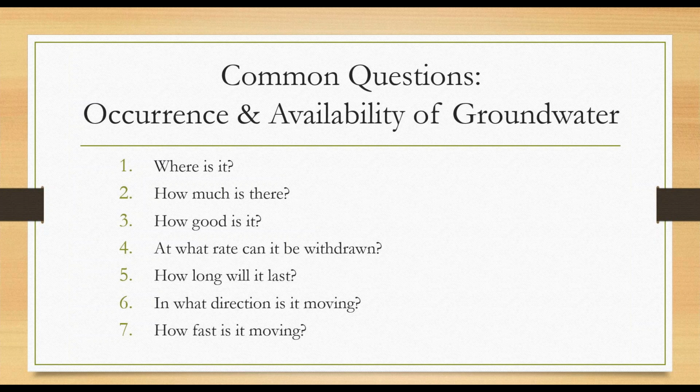Also, how much is there is a common question. Sometimes you can get some idea of this type of information by compiling well yield data. But it really is about knowing what resources are required to access the aquifer, and how much water is available.